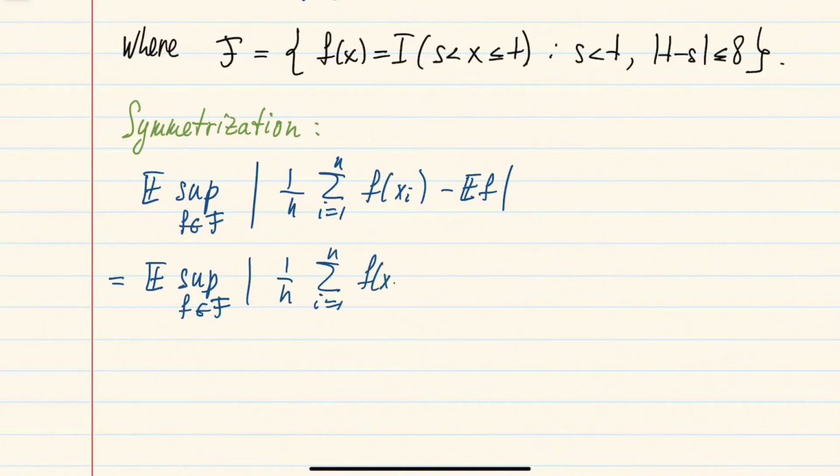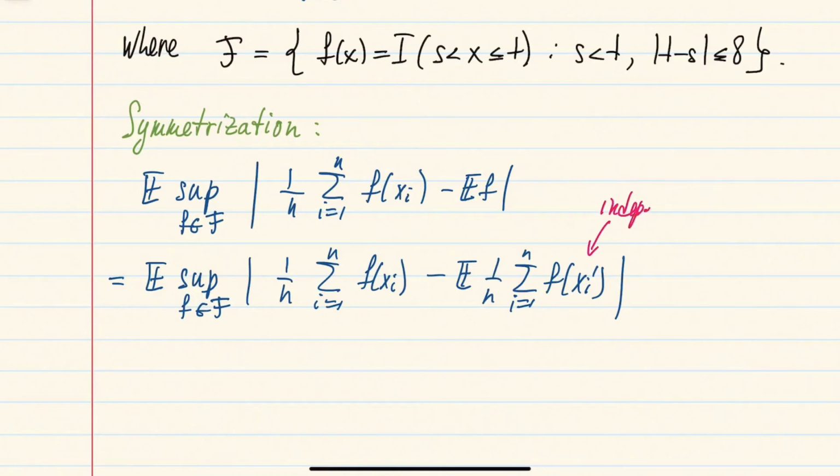Okay, so the first term will be the same, but the second term we are going to write as an expectation of the same average, where instead of x_i we will consider some independent copies of x_i. So x_i prime will be just some independent copies. So it will also be IID uniform, in other words.